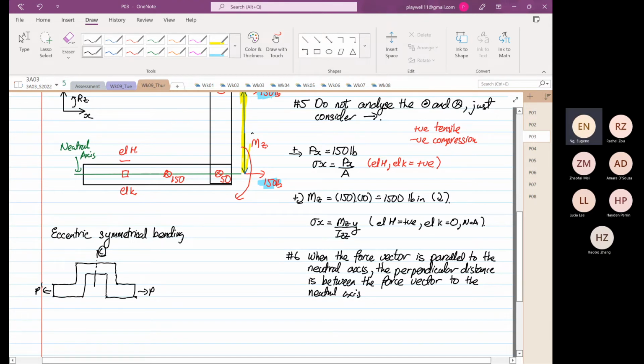So we are going to analyze what is going on at point C. We just need to sketch half of it.